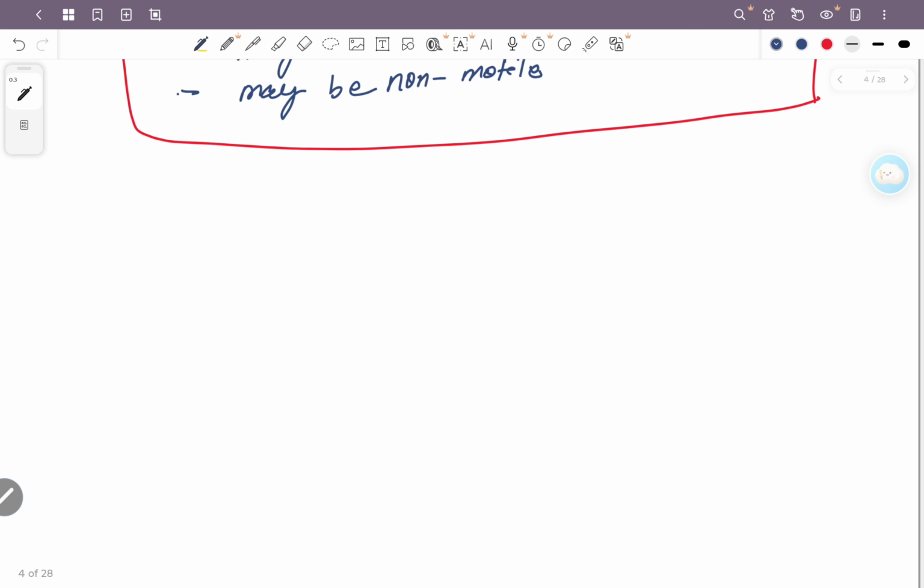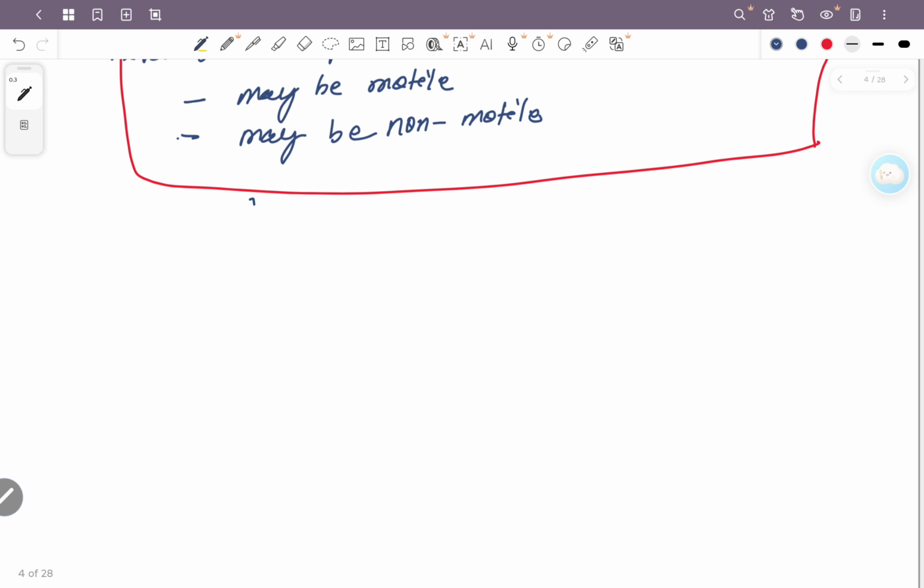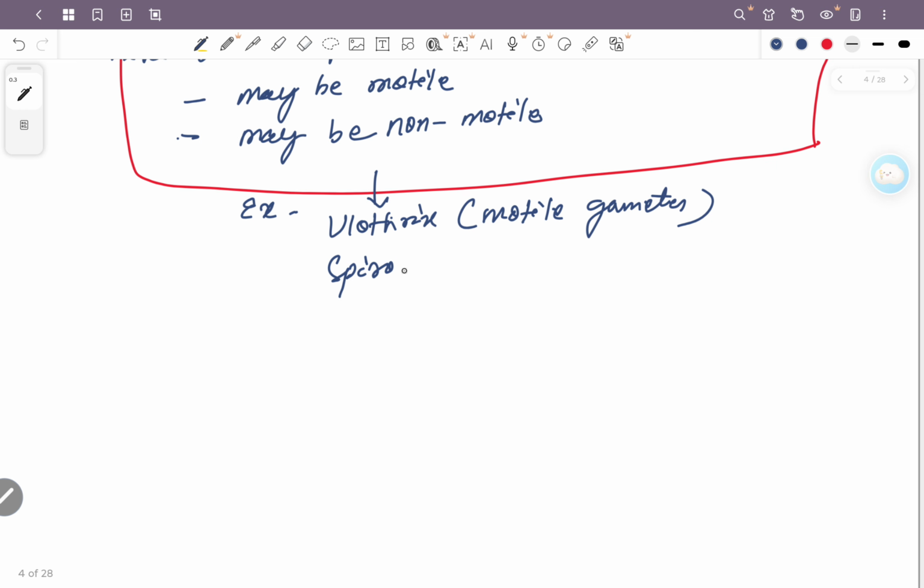And the most common examples are Ulothrix, that has motile gametes, and then Spirogyra, that has non-motile gametes. Okay, so these examples you have to remember, children.